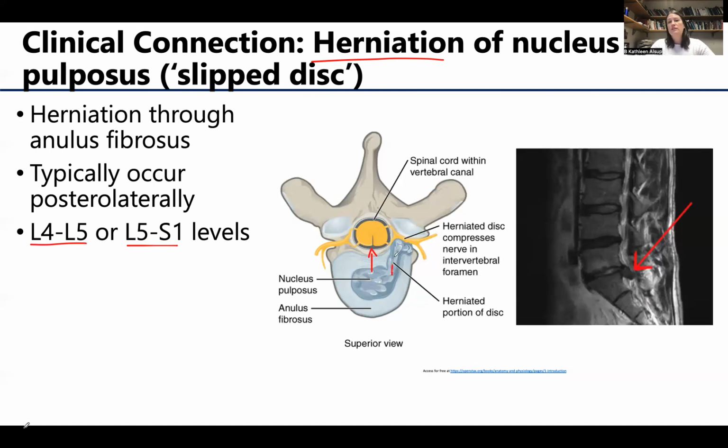But generally in this posterolateral portion, you can see that it's herniating back towards, it could affect a little bit of the spinal cord, but generally it's right around that intervertebral foramen region. So right there associated with that spinal nerve. So you have that pinching of that spinal nerve, and that can have sensory implications as well as motor implications. So affecting the muscles that specific spinal nerve innervates.